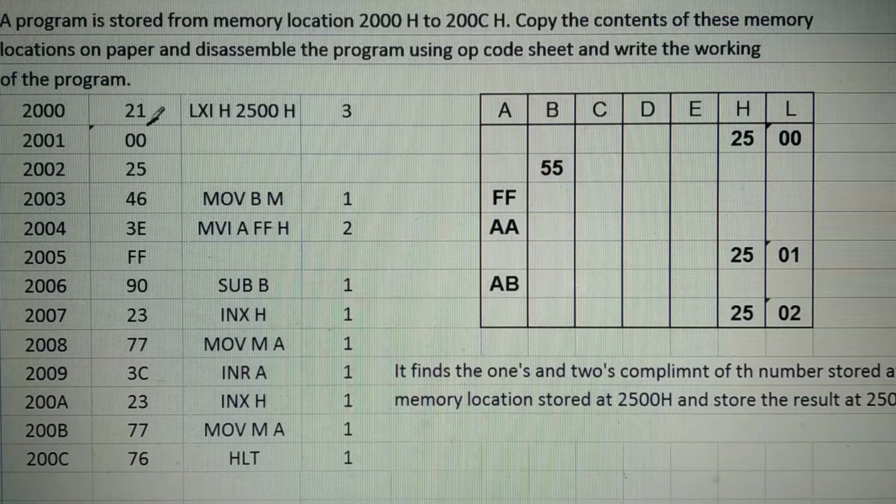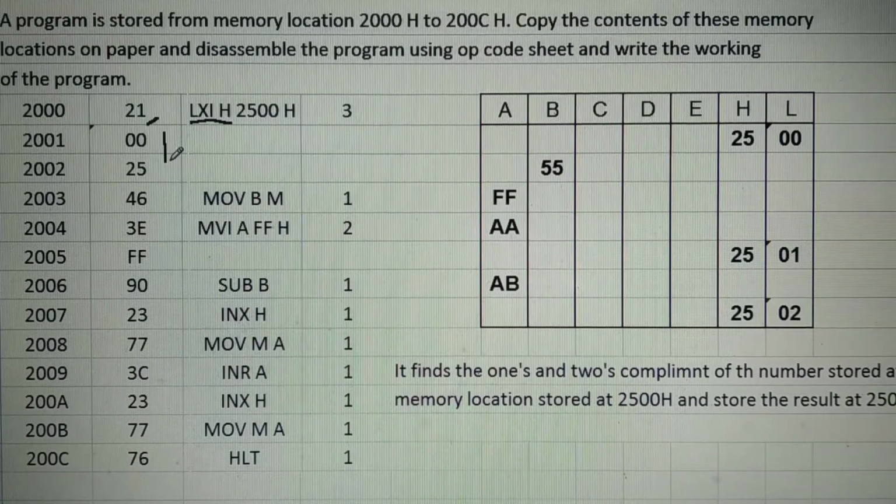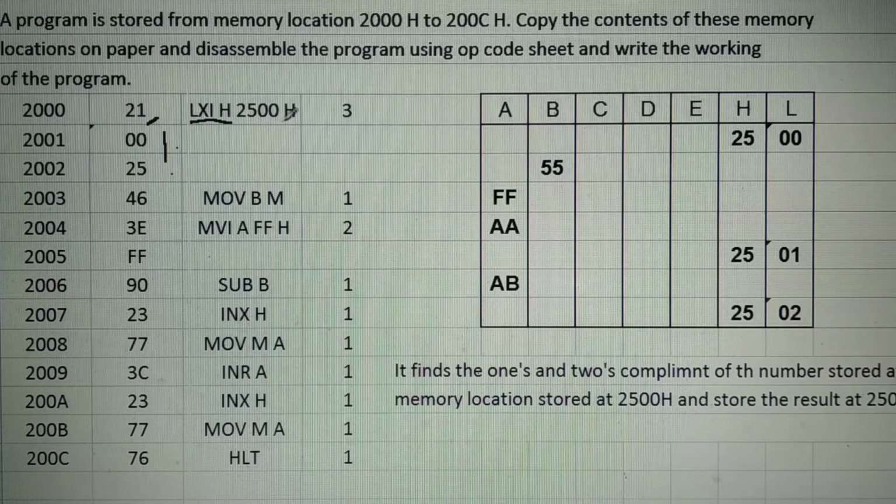The meaning of 21 is LXI H. The next two bytes represent the low order data and high order data. That means the instruction is LXI H 2500. In the HL register pair, you have to fill the number 2500. This is a 3 byte instruction.